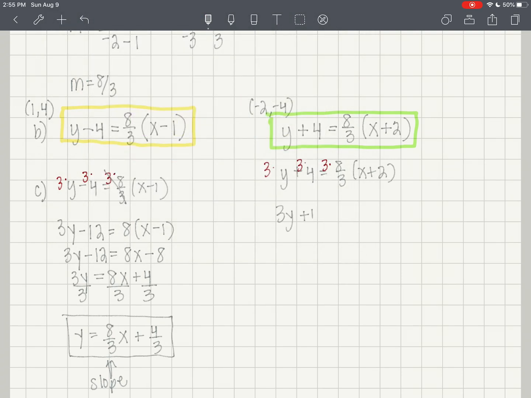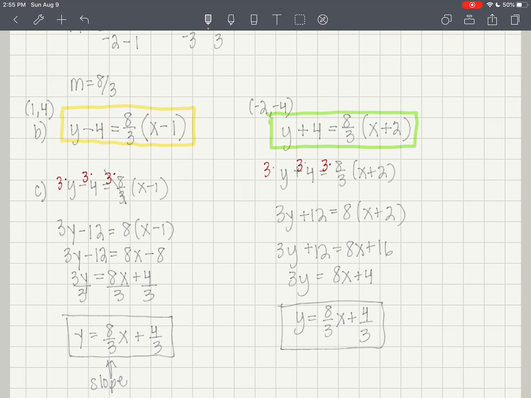And that's 3y plus 12 equals 8 times x plus 2. 3y plus 12 equals 8x plus 16. 3y equals 8x plus 4. Divide by 3, and we get y equals 8/3 x plus 4/3. We get the same exact equation.